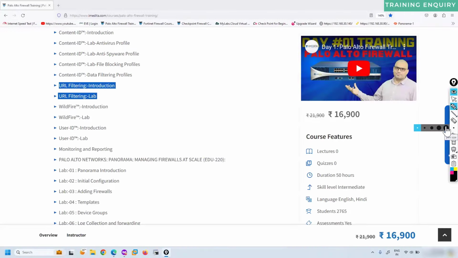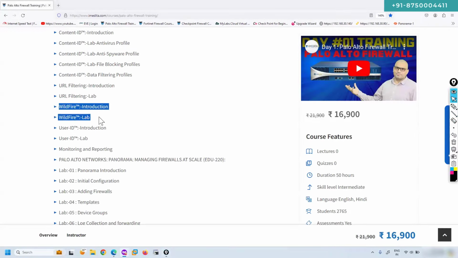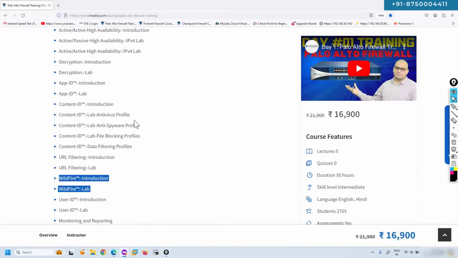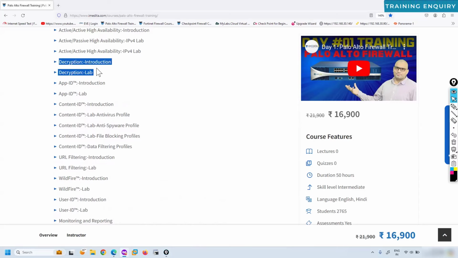Next, we have WildFire. What is WildFire? I'm recalling a few things, because to understand WildFire it is necessary. With the help of decryption, we can convert encrypted data into plain text. With the help of App-ID, we can identify, monitor, and control the applications.